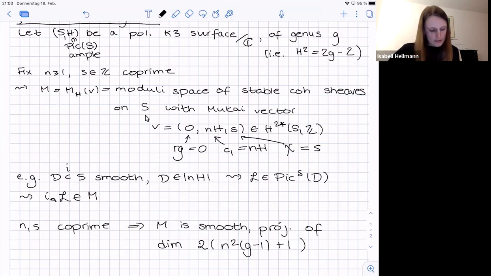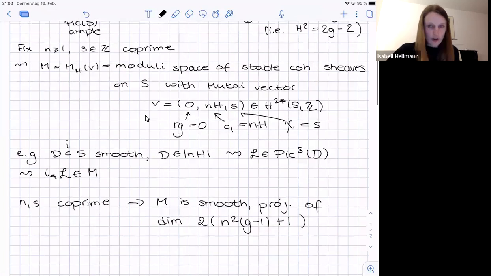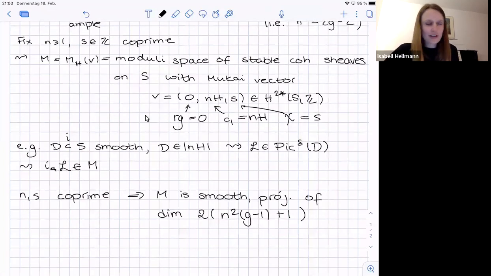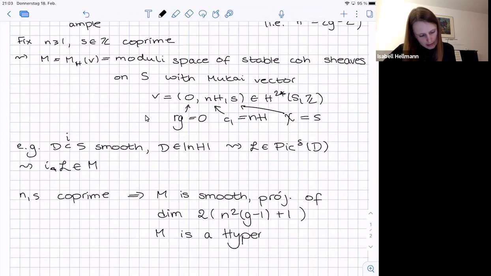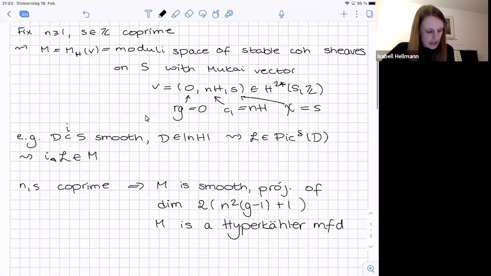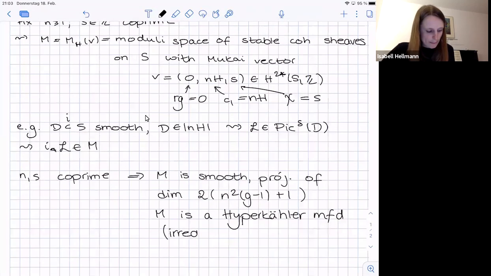So this you can compute from knowing v. And moreover, and most important, it's a hyperkähler manifold. So this also goes under the name irreducible holomorphic symplectic manifold. So maybe you've heard this term before.